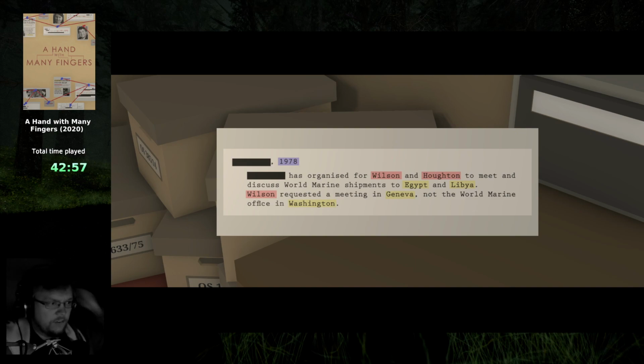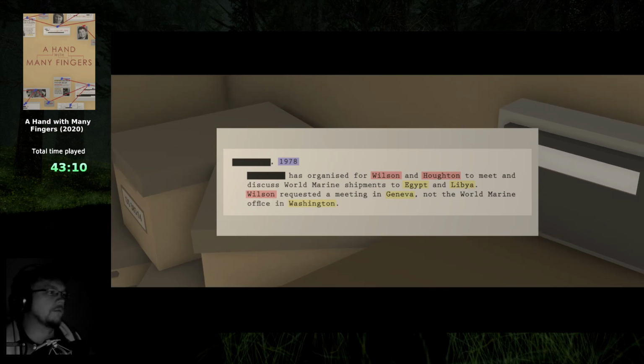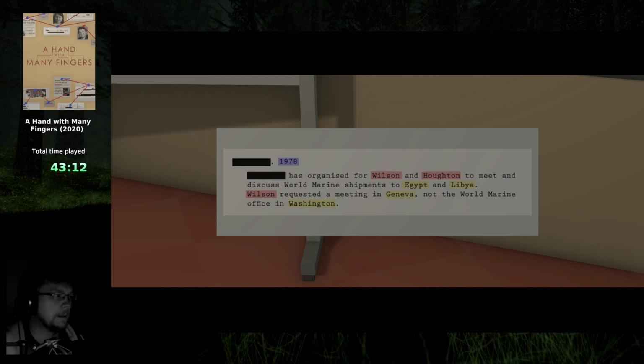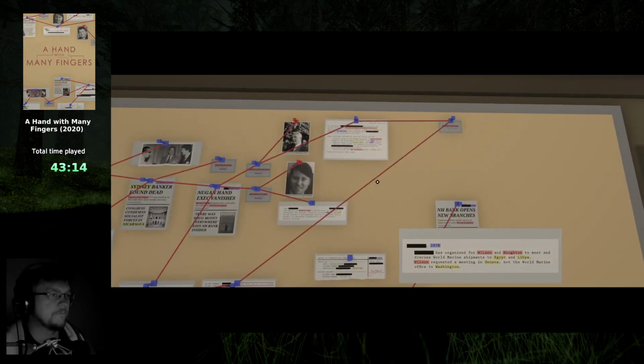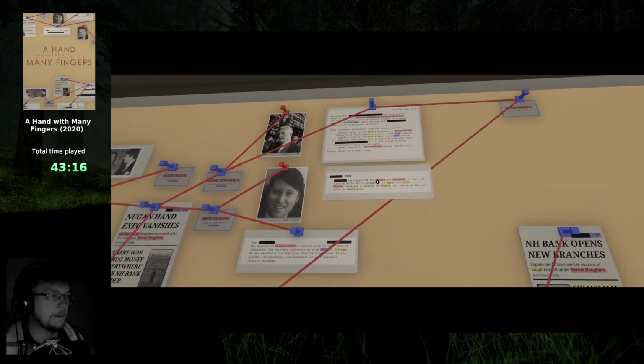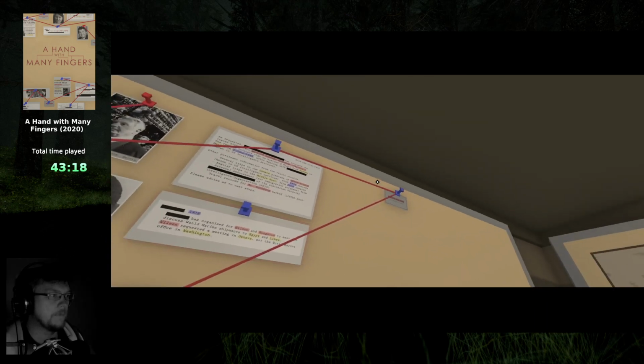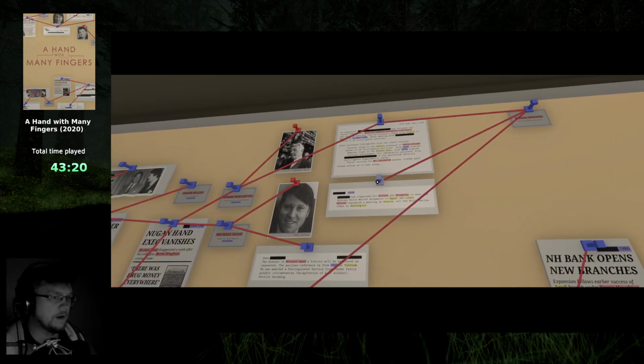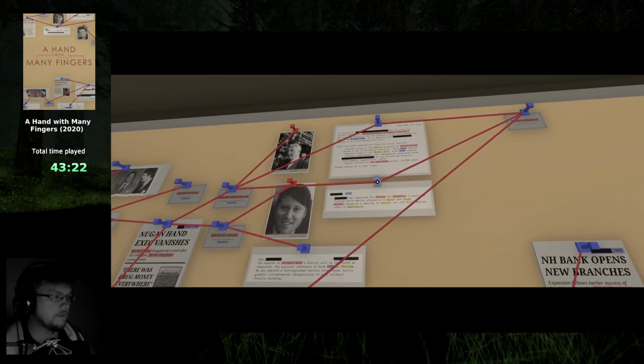Someone has organized for Wilson and Houghton to meet and discuss World Marine shipments to Egypt and Libya. Wilson requested a meeting in Geneva, not the World Marine office in Washington. Boy, this is turning into a good old mess.